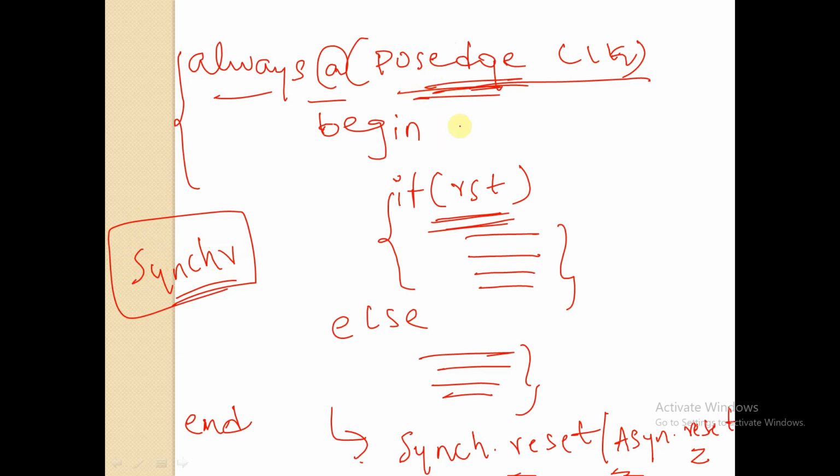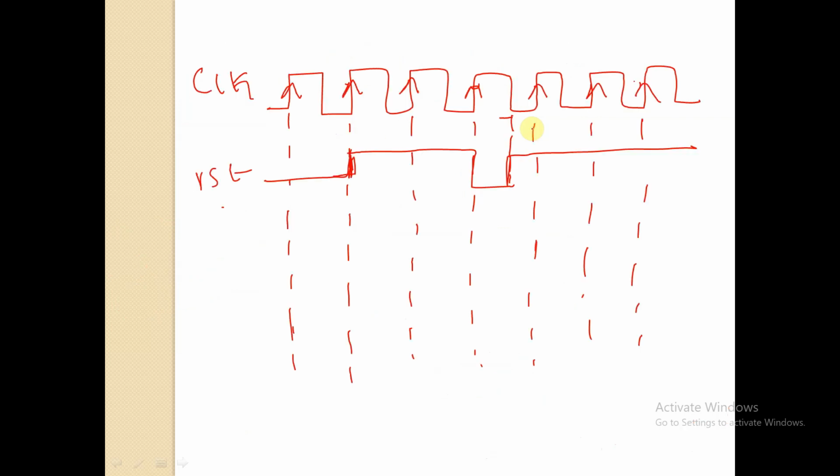If I apply reset at negedge of the clock, the design will not respond to that reset. Is this clear? Can you please show the waveform again? Yes. Only if I apply the reset at posedge, my design will respond to this reset. If I apply it at negedge, my design will not respond to this reset signal.